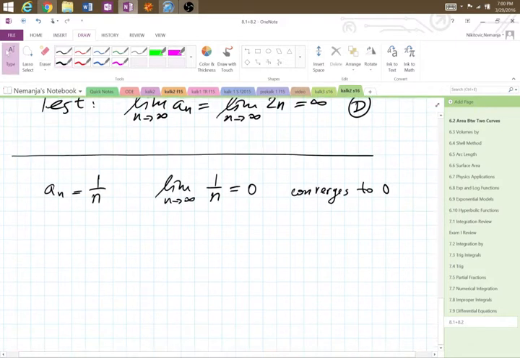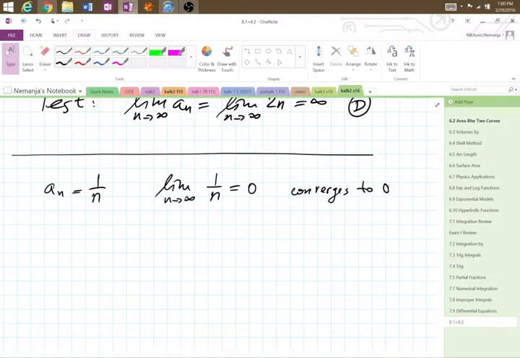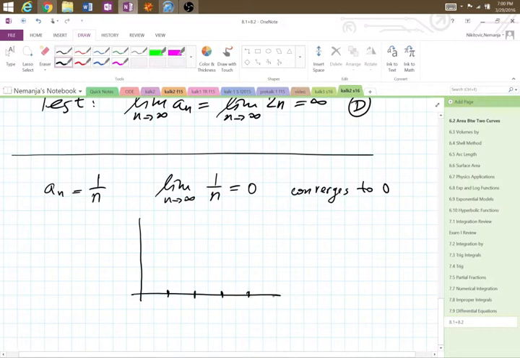Now, if you are to try this on the graph, clearly you're going to get that. 1, 2, 3, 4, 5. These are my n's. I'm going to take this to be my 1 unit.